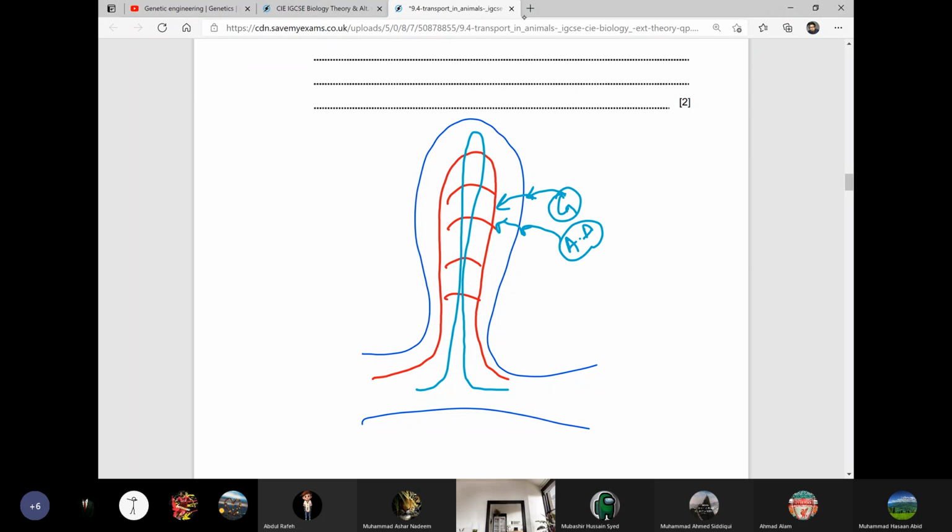But the fatty acids and glycerol first enter into the epithelium and from the epithelium they go where? Into the lacteal. Same, glycerol first enters into the epithelium, from the epithelium it goes where?